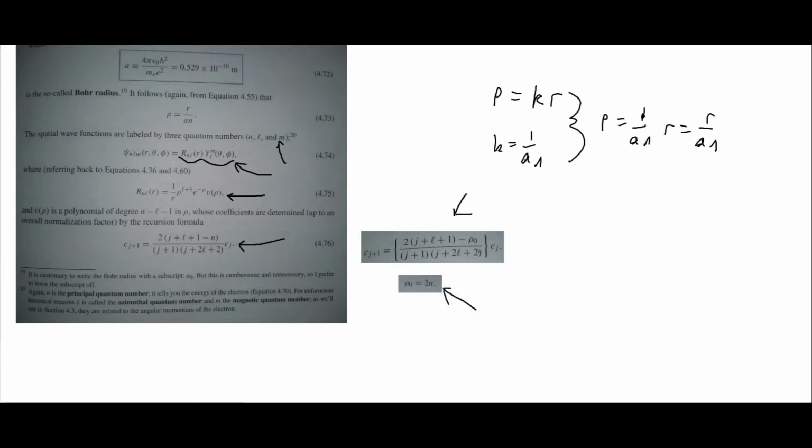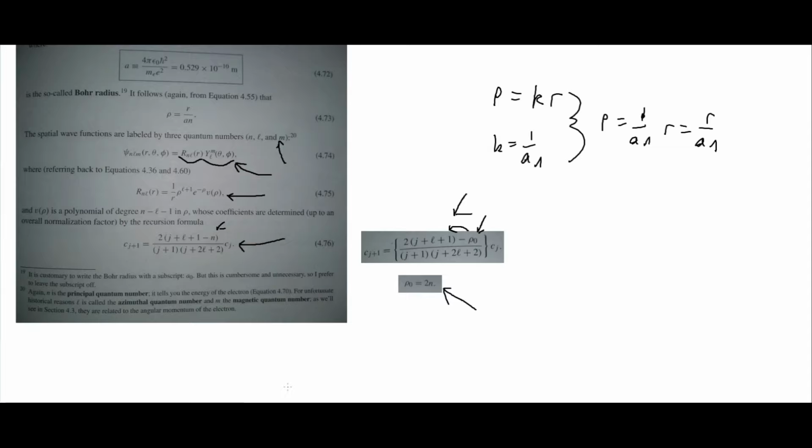This was our recursion formula, and remember we had our rho sub naught being equal to 2n, and so we can just put this rho sub naught, because it's equal to 2n, into the parentheses here, and that's how we end up with our n right here. And that is where I'm going to end this video.